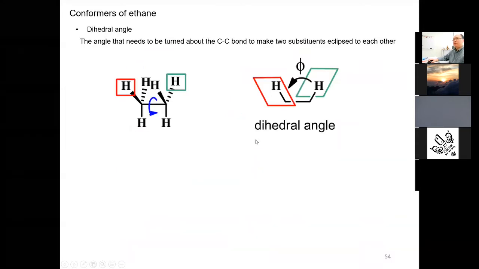And we also learned how to quantify these conformations, which is the concept of a dihedral angle. To sum it up briefly, it's just the angle you need to turn about the C-C bond so that these 2 hydrogens can be eclipsed with each other.